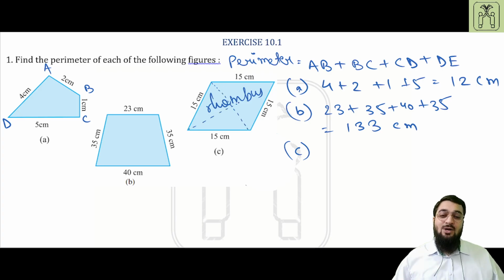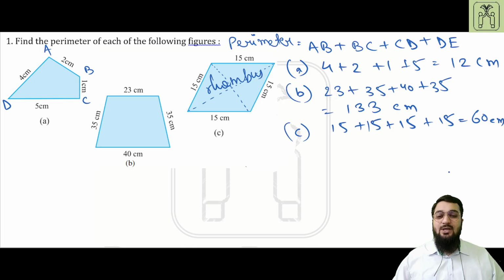But a parallelogram is a sheared rectangle, and a rectangle's special case is a square, and the sheared square is a rhombus. So all the three are interrelated to each other. For the perimeter, we will just add them up, or you can just do 4 into 15. That will also give you the answer. So 15 into 4 will give you 60 centimeters.